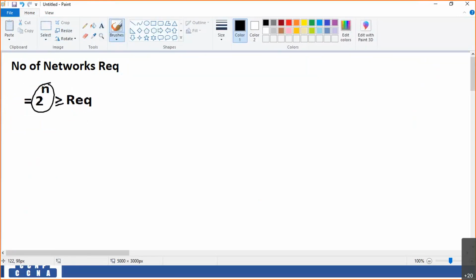Now let me take the 2 power n values. 2 power n can be 2 power 0, 2 power 1, 2 power 2, 2 power 3, 4, 5, 6, 7.